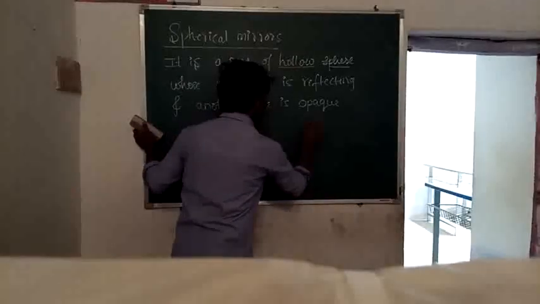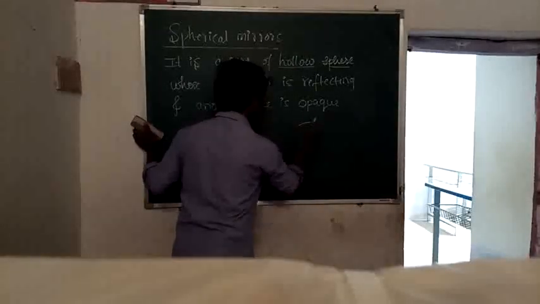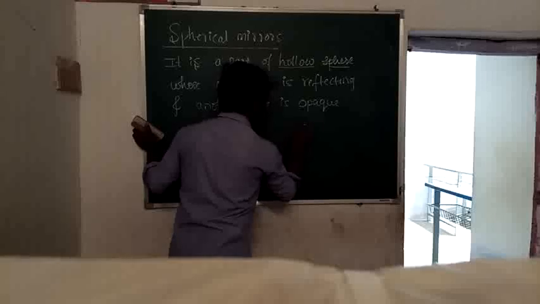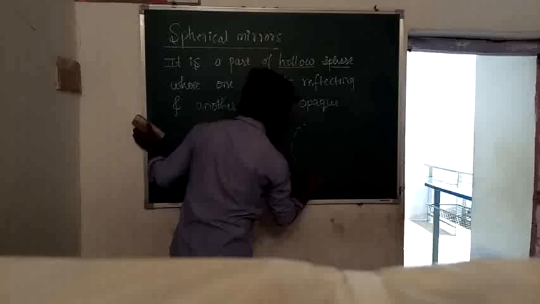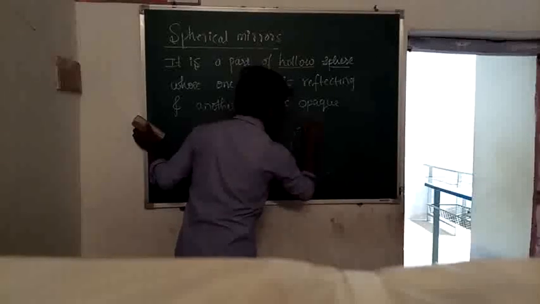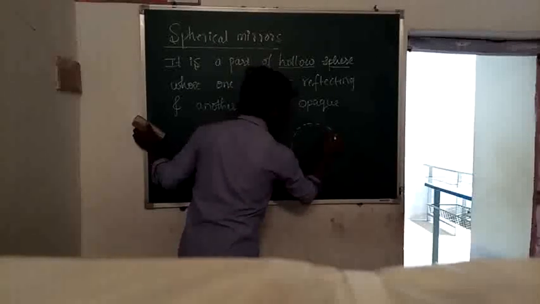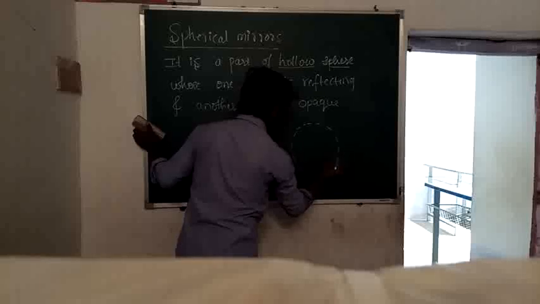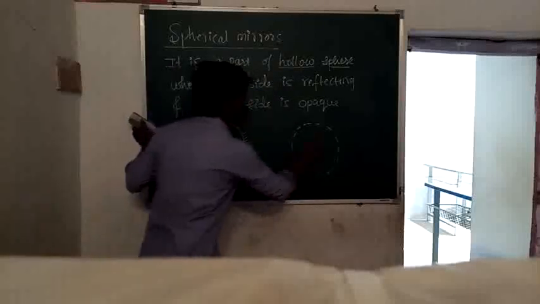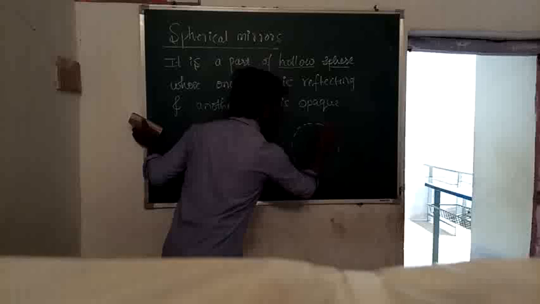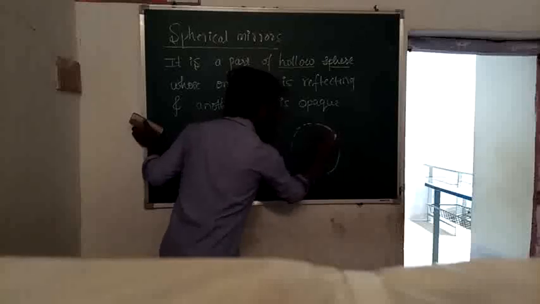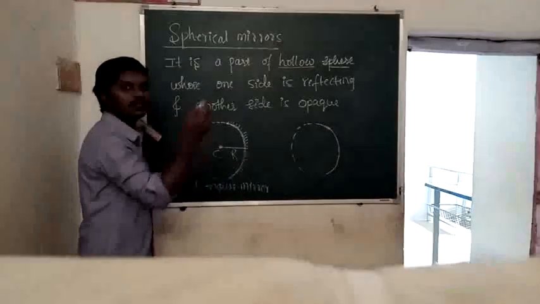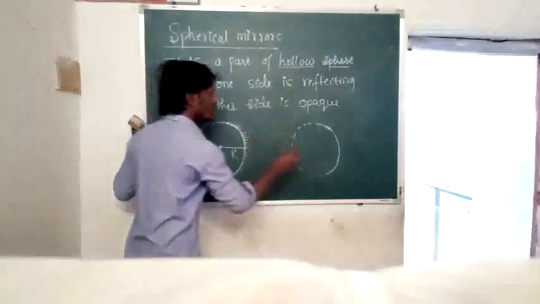Now let us consider another hollow sphere. Now I take this part. It is a small portion of the hollow sphere, which is a spherical mirror.